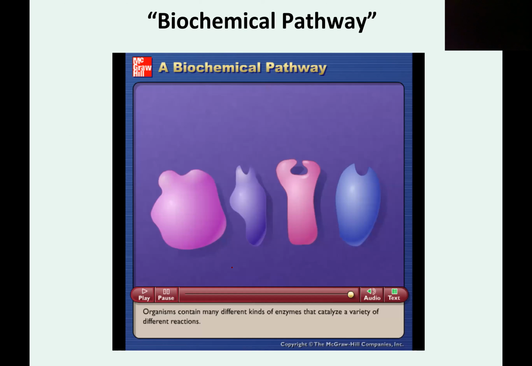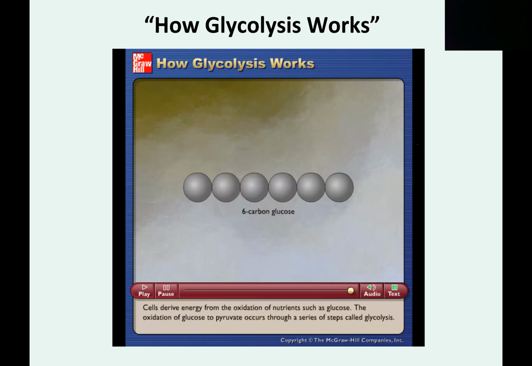This is another video that you need to put on your list, the biochemical pathway. It shows you how chemical reactions take place in a generic form. Also, how glycolysis works is another video that you need to watch.